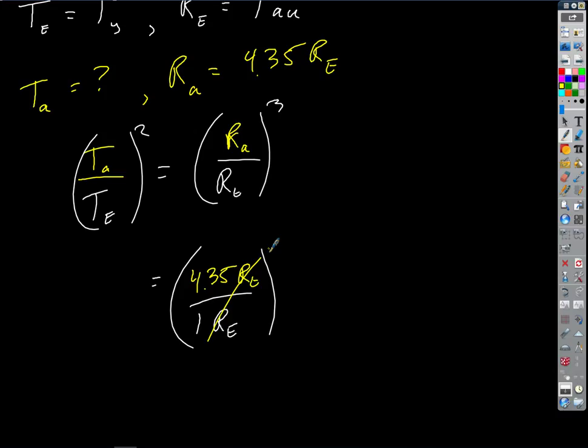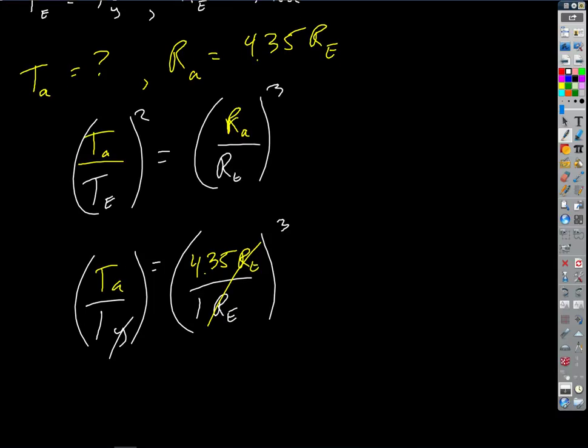So we get this ratio cubed equals T sub A over 1 year, and the units are going to cancel anyway. We can just get rid of the units. We're just trying to solve for that number. And that's a pretty easy equation to solve.